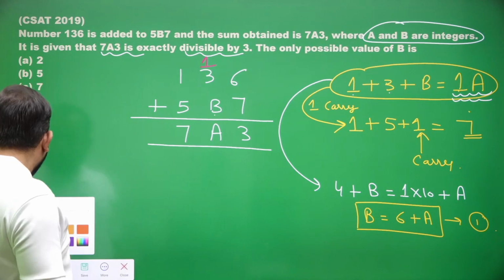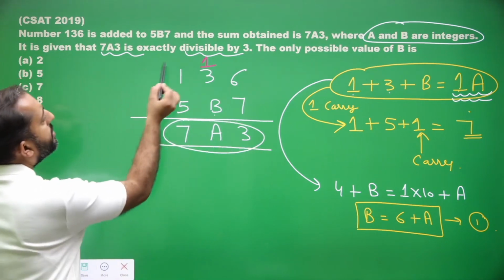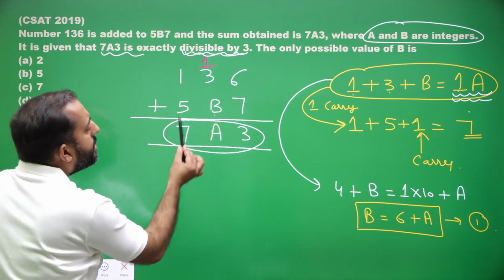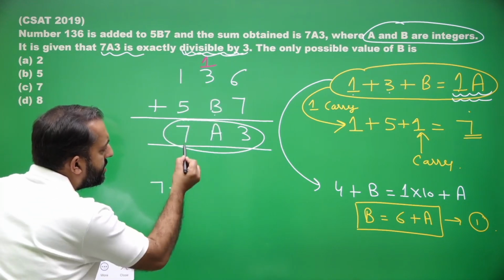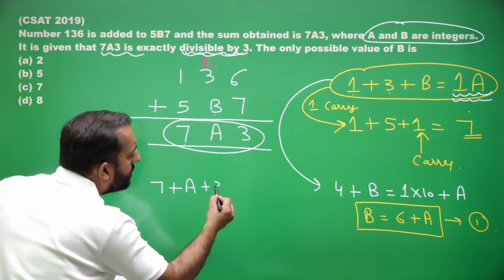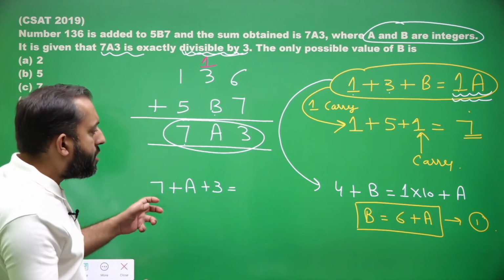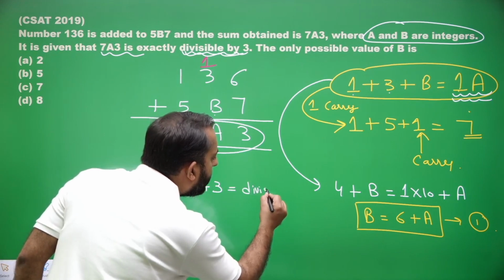We also know that this result 7a3 is divisible by 3. If 7a3 is divisible by 3, then the sum of its digits, that is 7 plus a plus 3, must be divisible by 3.